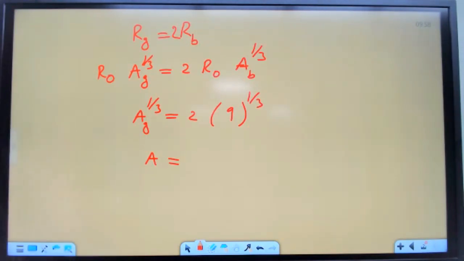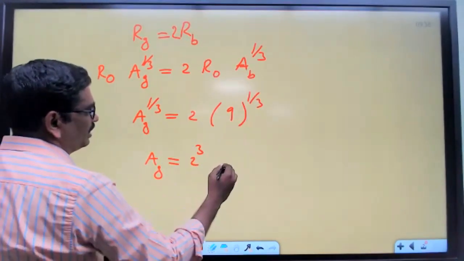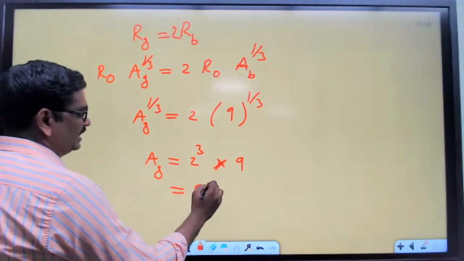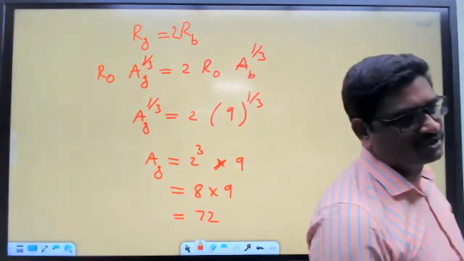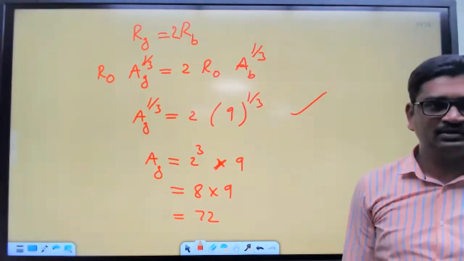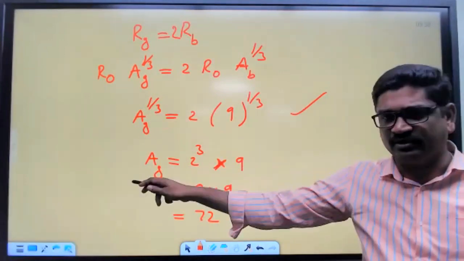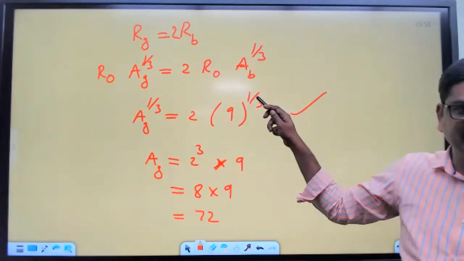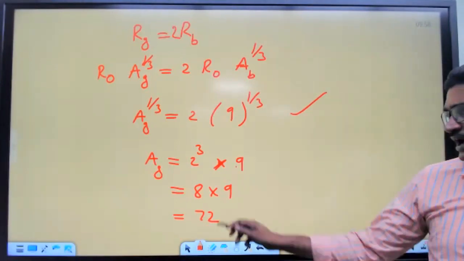A power 1 by 3 whole cube leaves A. So 2 cube is nothing but 8. 9 whole power 1 by 3 whole cube means 1 by 3 and cube will cancel out, so 9 only. So 8 into 9 is 72.